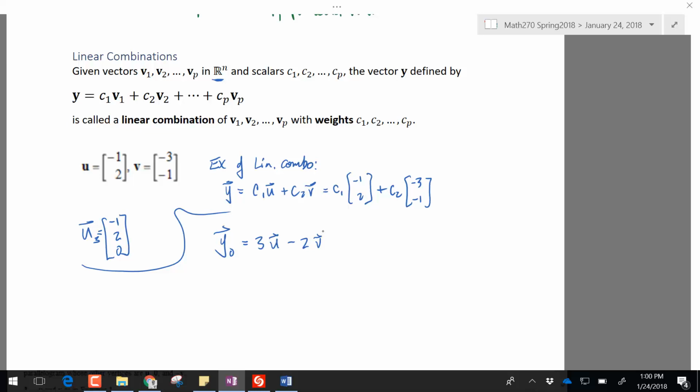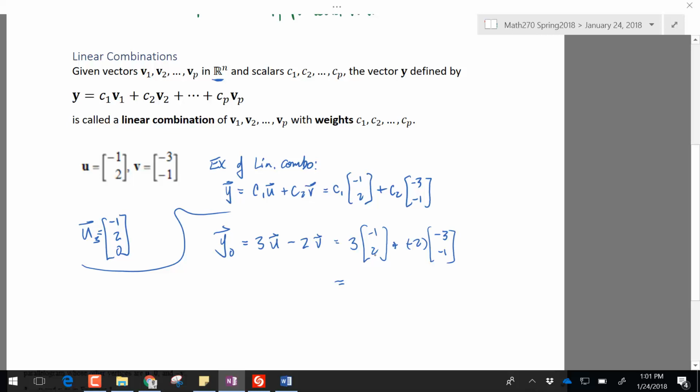Oh, so we're back to this scenario over here. So we can have 3 times -1, 2 plus -2 times -3, -1. Sorry, either way. And it's clear what the operation is.